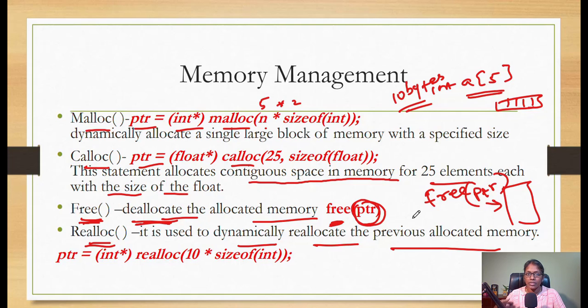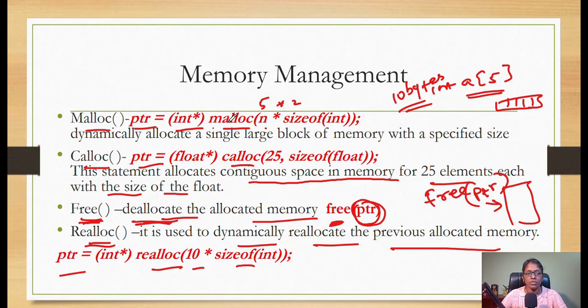The previously allocated memory is reallocated dynamically using the function realloc. The syntax is pointer equal to int star realloc 10 into size of int. Previously I could allocate only 2 or something, and now I am assigning 10 times the size of an integer. That is called reallocation.